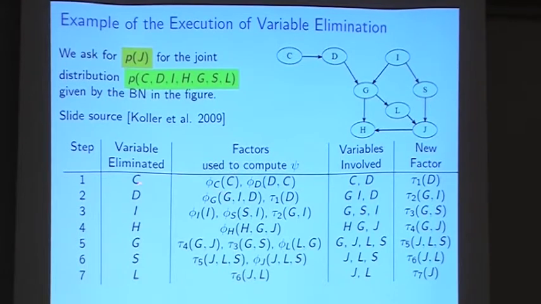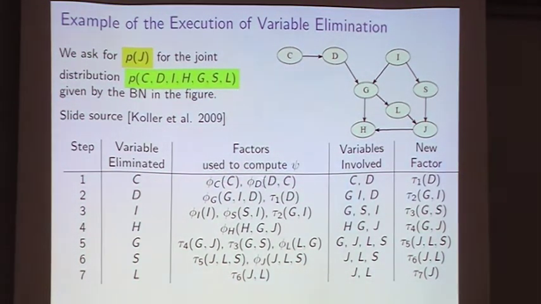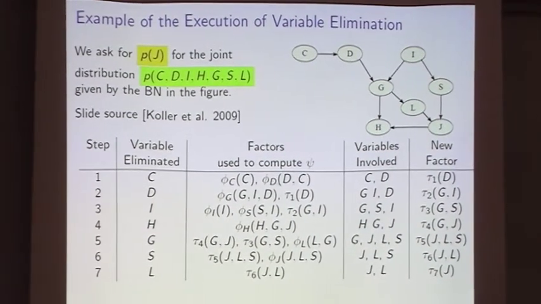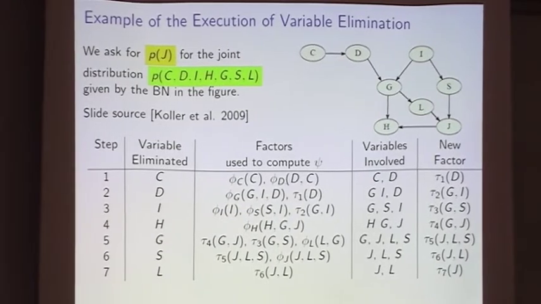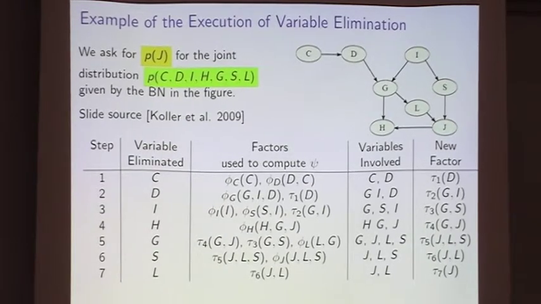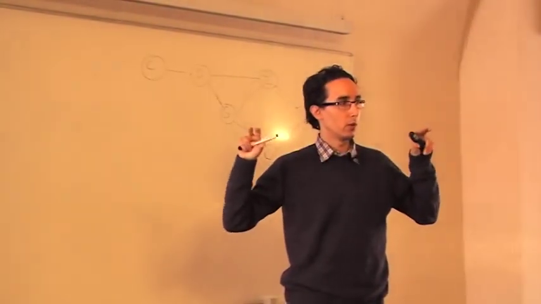For example, in this case, I am going to eliminate C, and I am multiplying together all the factors that depend on C. I'm producing a newly created factor psi that is the product of all those factors, and this means that whenever I eliminate a variable, I'm going to get all the factors that depend on that variable and create a global factor that is the product of all those.